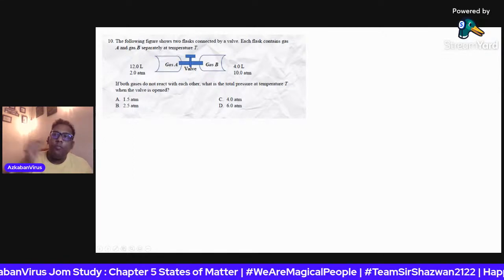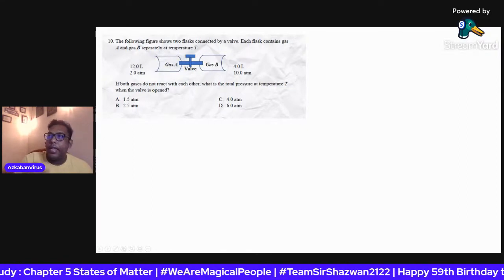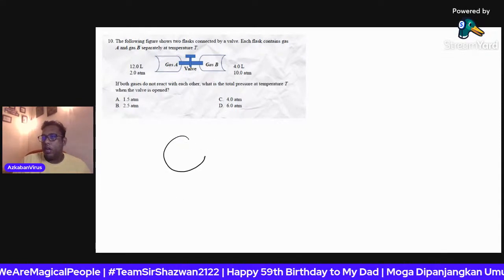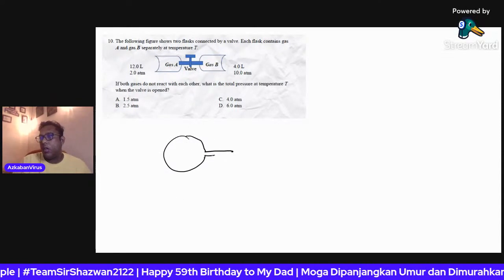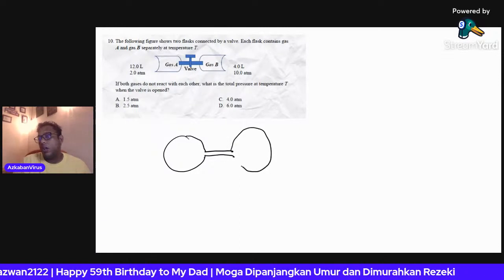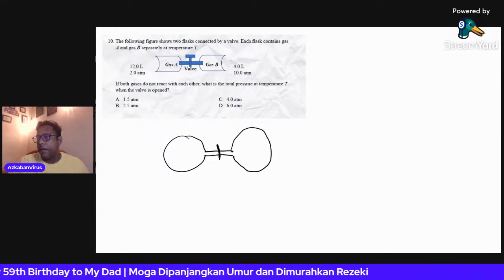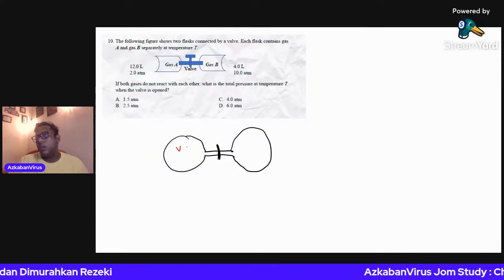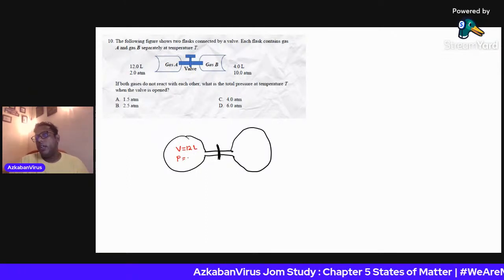Okay, bila kita buka valve tu, kita ada dua flask. Okay, ini ada penghadang kat tengah tu. So sini volume dia adalah 12 liter. Pressure dia adalah 2 atm.